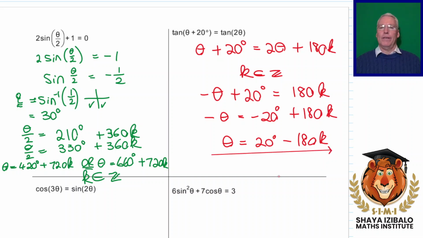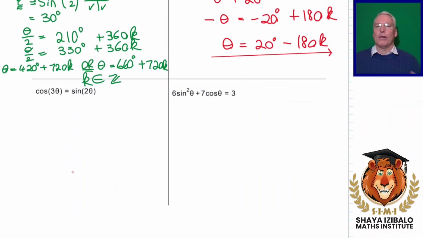Okay, the last, or second last one, we've got cos and sine in the same equation, but different angles. So we need to change one of these into the other, right? Let's change this one to 90 minus. So let's change cos of 3 theta to sine of 90 minus 3 theta. And this one, we've got sine of 2 theta.